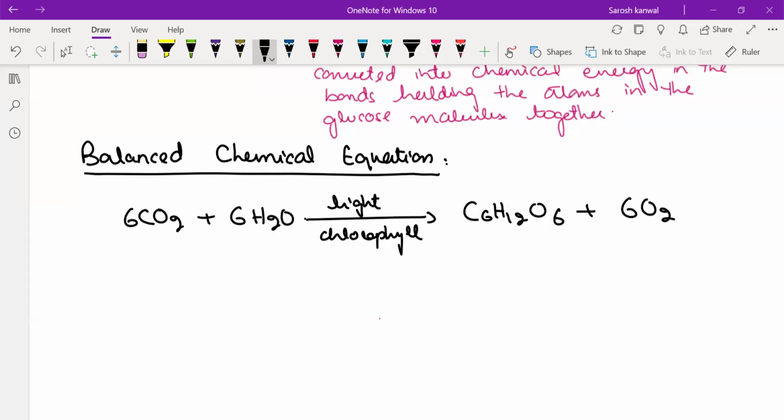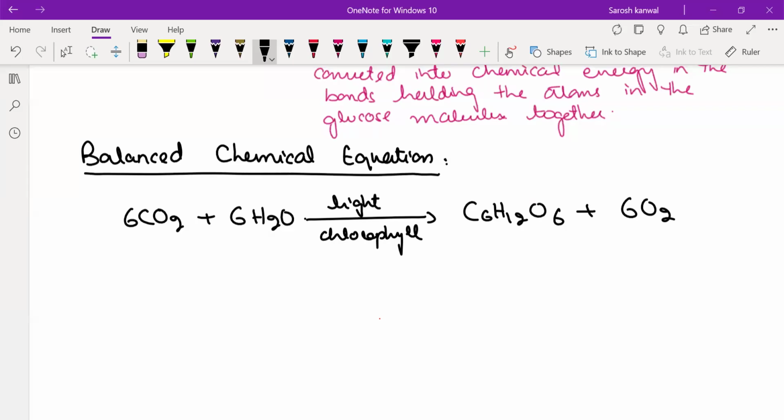So you see that the chemical symbol for the glucose is C6H12O6, right? And it is enough to provide atoms of carbon, hydrogen, and oxygen to produce glucose.